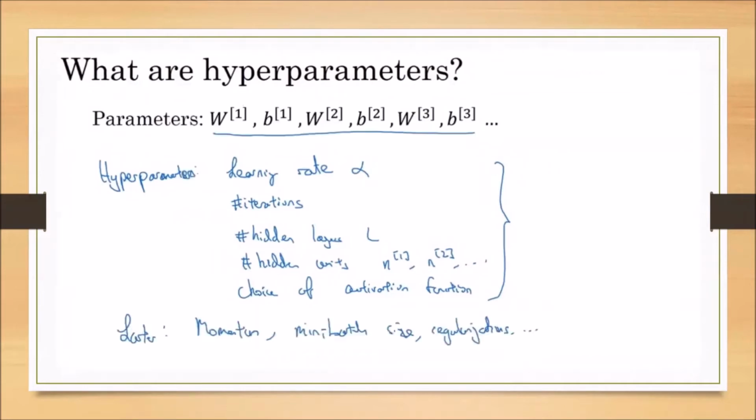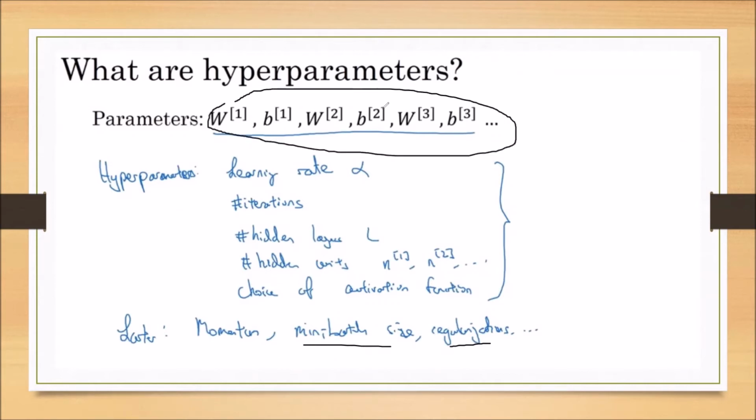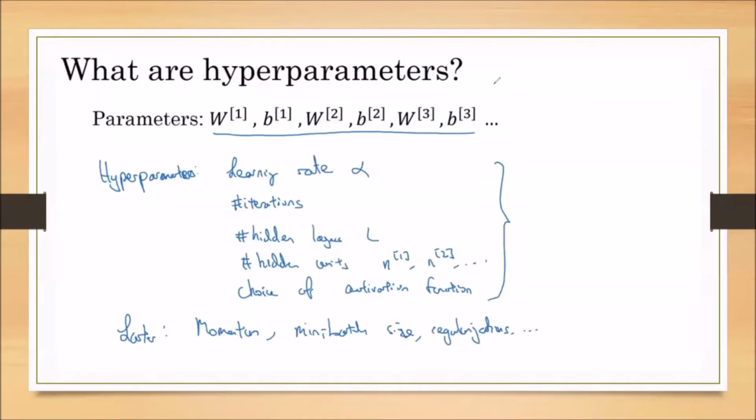There are some more hyperparameters like mini batch size, regularization, and momentum. These hyperparameters are indirectly affecting W and B. So if we choose the proper values of these hyperparameters, that will give the proper values of W and B.